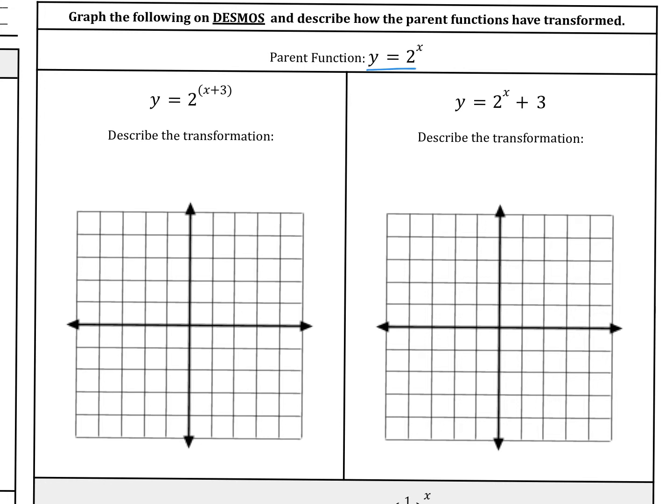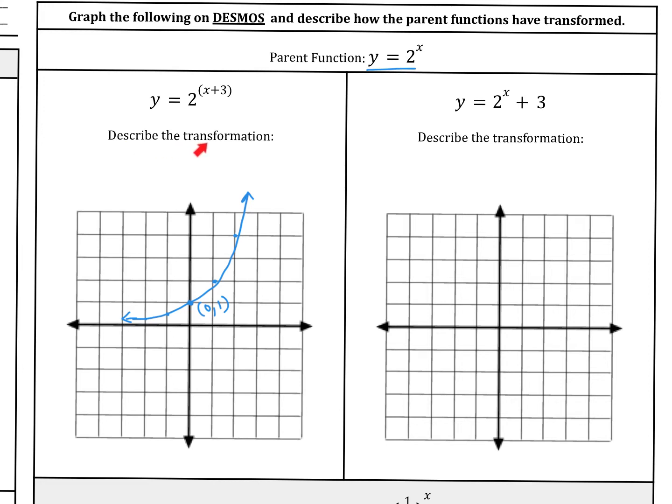If you graph this, this is going to be your rising graph or growth graph, and your points are going to be (0, 1), then (1, 2) and (2, 4). So here is the graph we made for 2 to the power x.